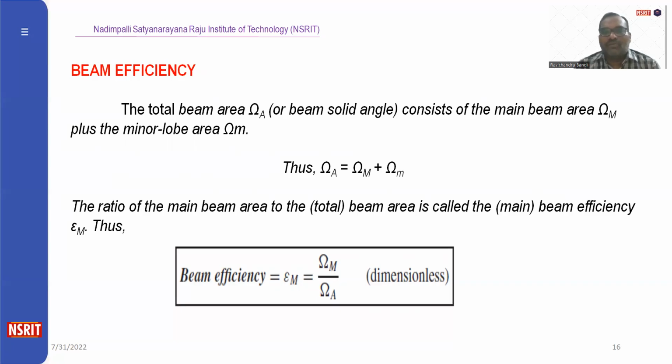Minor lobe area. What is ΩM? Main beam area. The ratio of main beam area to the total beam area is called beam efficiency. Beam efficiency is equal to ΩM by ΩA.